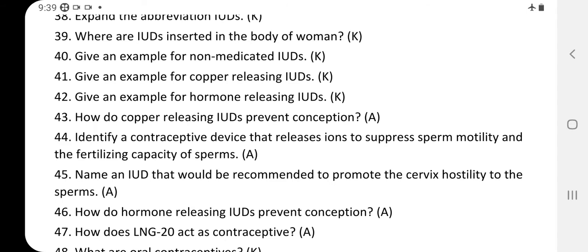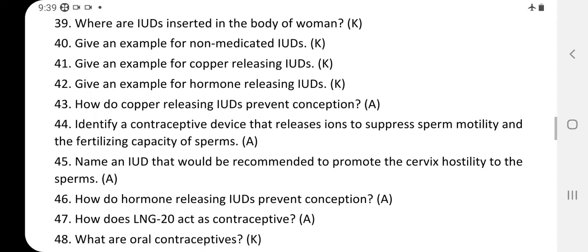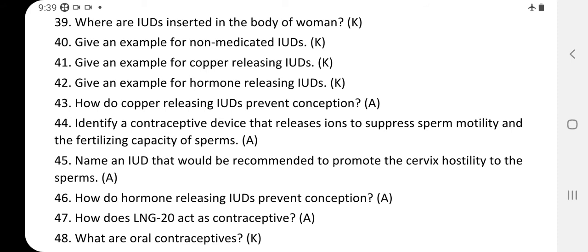Among these 3, as it is only for 1 mark, you can mention any one. The next one, give an example for hormone releasing IUDs. The hormone releasing IUDs are again 2. Among these 2, any one you can write, that is LNG20 or you can even mention progesterone.